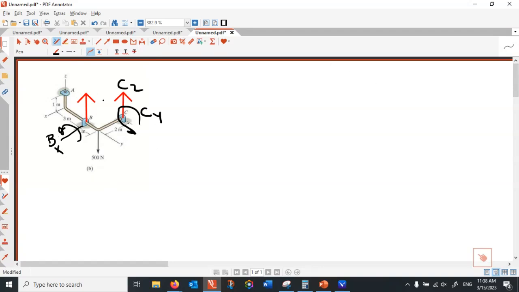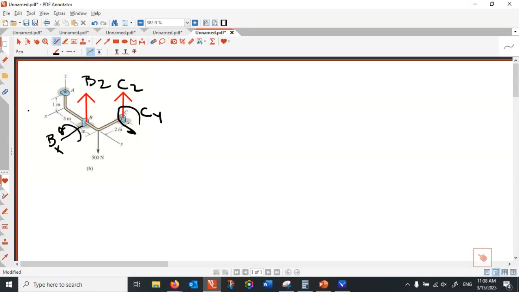Yeah, I explained. The weight of the structure is negligible, and the only external force is along the negative z.